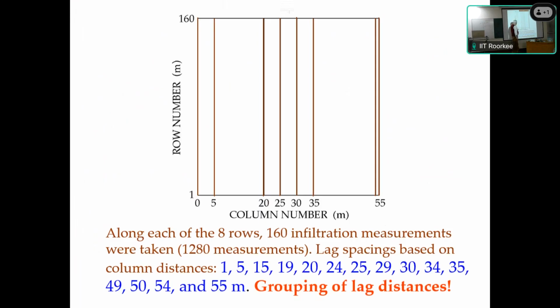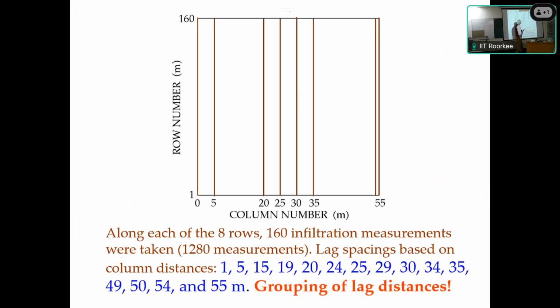So 0 to 20 and 5 to 25. And where else were 20? 35 to 55. Thank you. And there was 24, that is 35 to 54. And 25, yeah, 0 to 25 and 30 to 55.